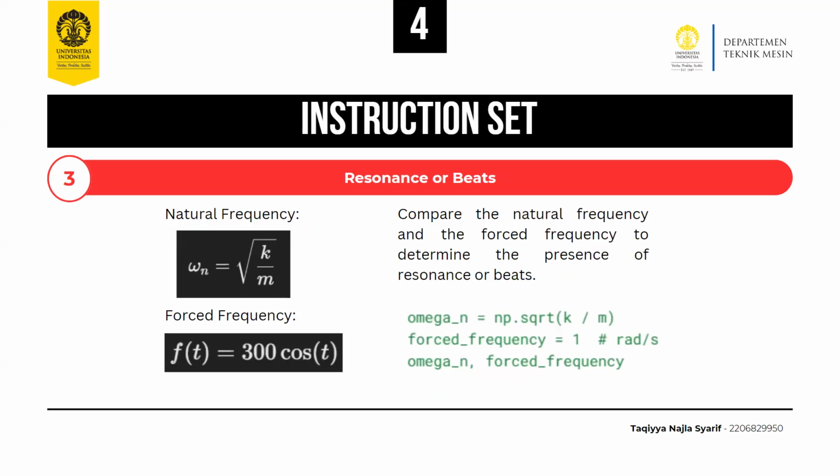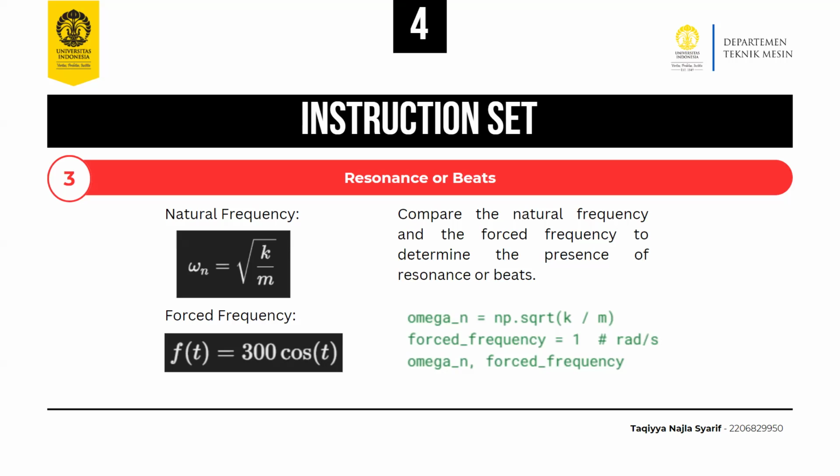And step 3 is resonance or beats. Analyze the solution to determine if the system is experiencing resonance or beats. This can be done by examining the frequency components of the displacement data and comparing them to the natural frequency of the system. Here, we got the natural frequency and the force frequency.